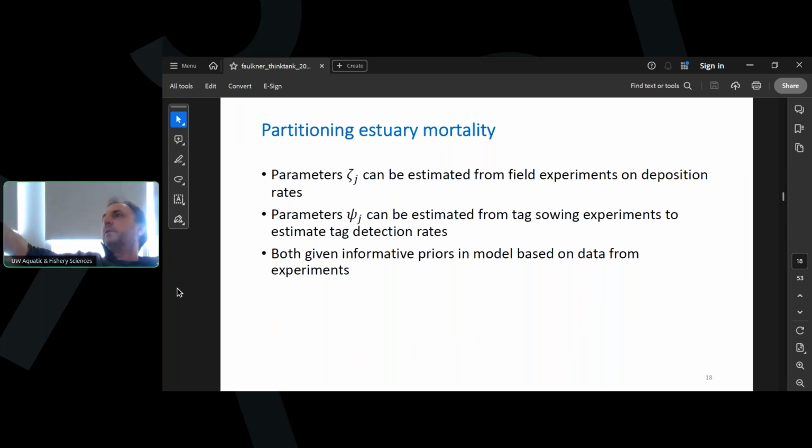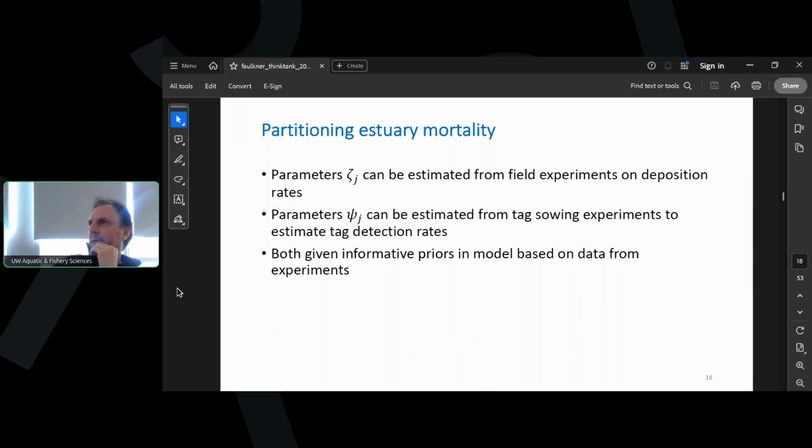This is an example. They went out and did deposition experiments, which were difficult. I don't know exactly how they did it, a pen or something where they had fish, and then gulls and terns and cormorants would come and get the fish, and then they would estimate what the deposition probability is.